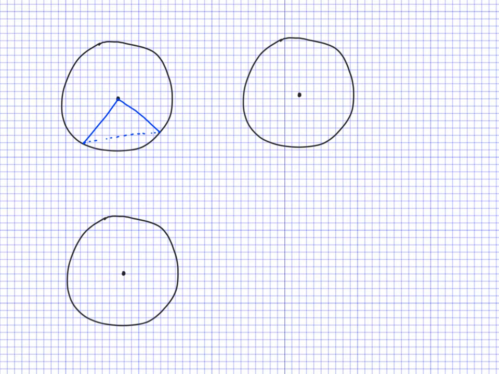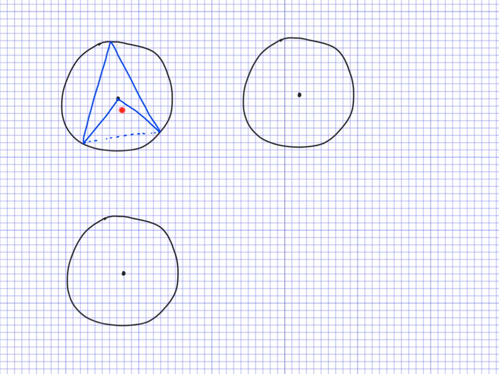Now I'm also going to use this chord to subtend an angle at the circumference. I can put it here, there, anywhere I like, but let's put it near the middle somewhere, like here. So notice what I've done. I have used my chord to subtend an angle at the center, and I've also used my chord to subtend an angle at the circumference.